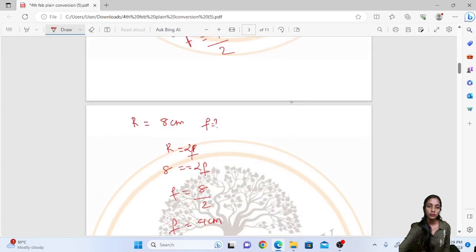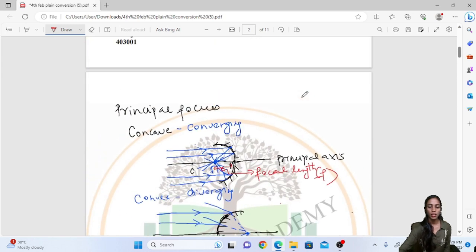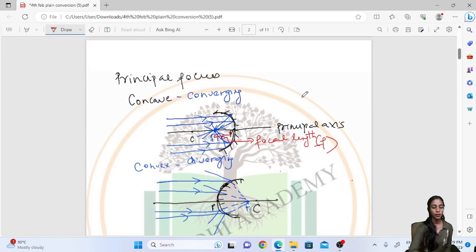So today we have seen the principal focus of the concave and convex mirror, and these are the basics. These basics are very important, which will help us to study the further parts, mainly the ray diagrams. The most important part of this chapter is the principal focus and the ray diagrams.